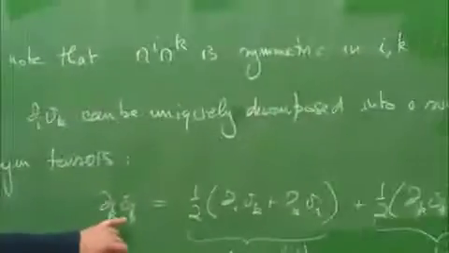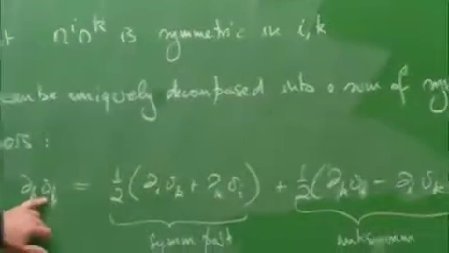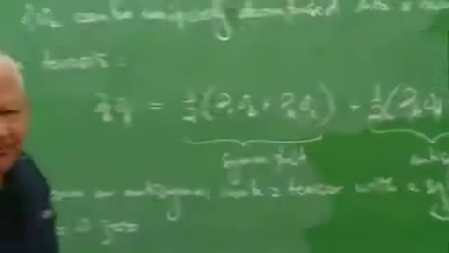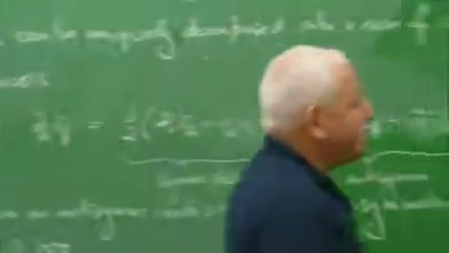Ni Nk is symmetric. ∂k vi consists of a symmetric part and an antisymmetric part. And so we apply this now.